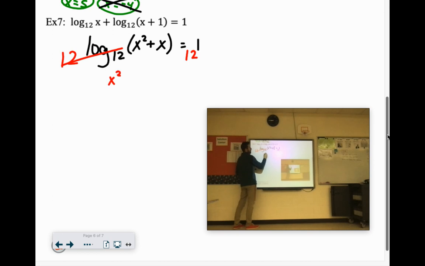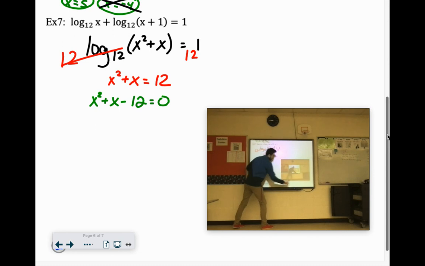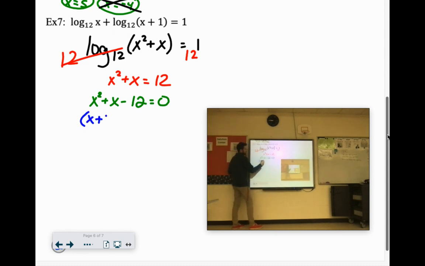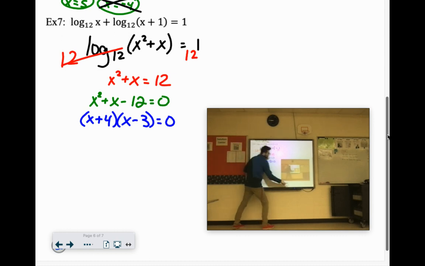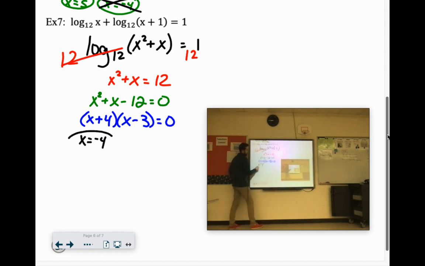So we have x squared plus x equals 12 to the first power is 12. We'll subtract that 12 onto the other side, which would give us x plus 4 and x minus 3. And then our two answers would be -4 and +3.